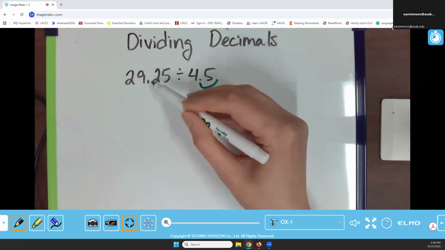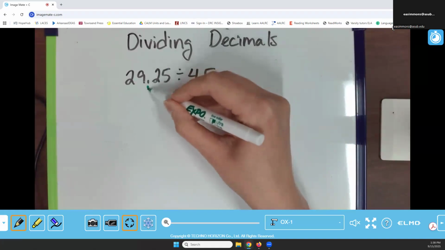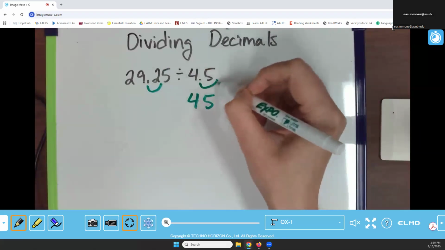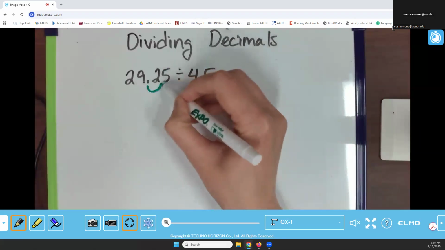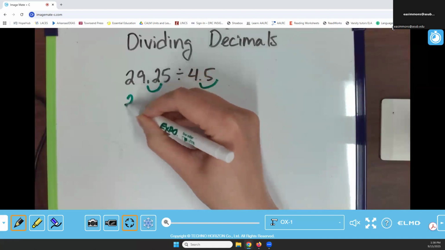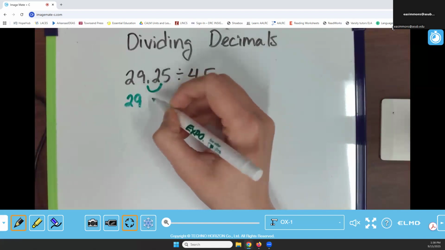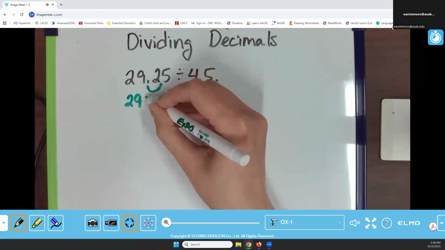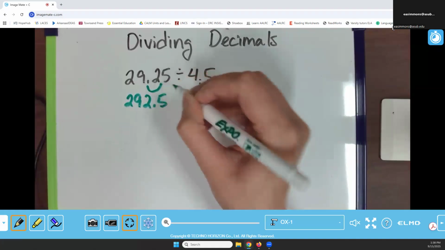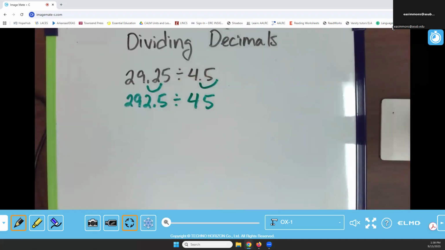So we need to do the same thing to our other number. If we moved over one spot on one, we move over one spot on the other. So 29.25 turns into 292.5. So our new problem is 292.5 divided by 45. Now we can plug into our long division.